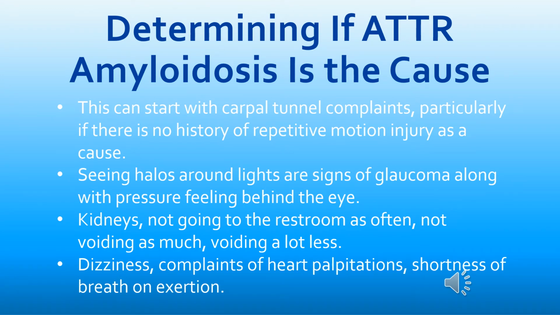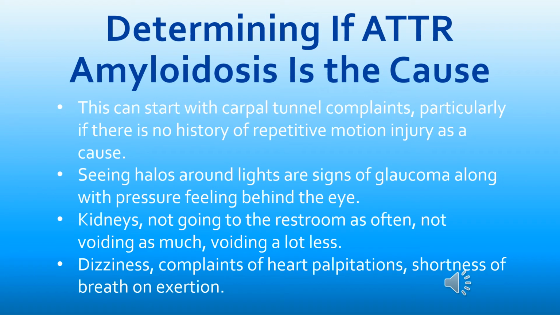Now, whenever it starts out with the polyneuropathy, it can start with carpal tunnel, if they don't work in a manufacturing job where they may have a problem with repetitive motion injury. If they are just complaining about working on something and all of a sudden their hands go numb, then it can be a problem with carpal tunnel.